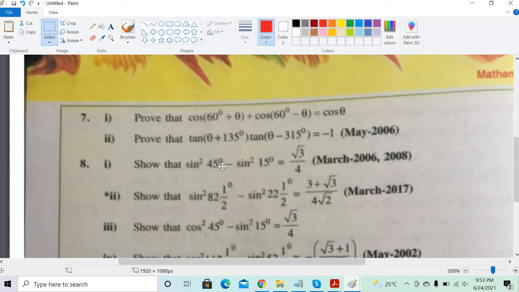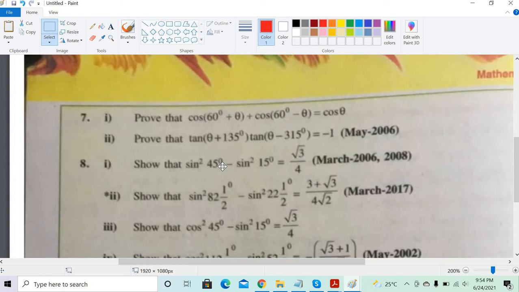Okay, so tan theta plus 1 gets cut. Numerator and denominator, oh, I forgot it's multiplication. Wait. So it comes tan theta minus 1 by 1 minus tan theta. 1 minus tan theta is coming.